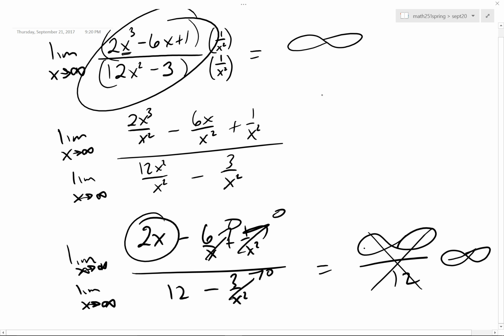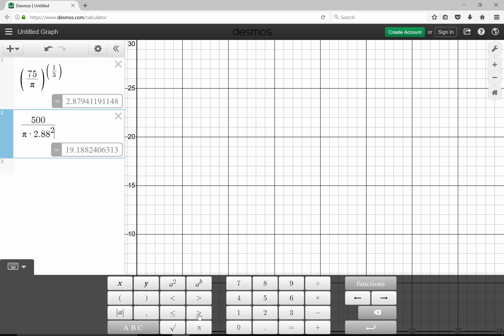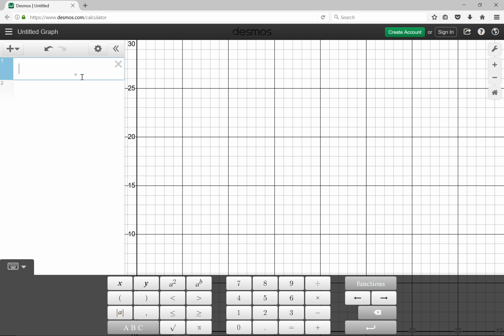If you were to graph this, I don't know what happens over here. But in general, that function tends to head upwards. Okay? Now, of course, you can check this on Desmos pretty easily, or whichever your favorite graphing calculating device happens to be.